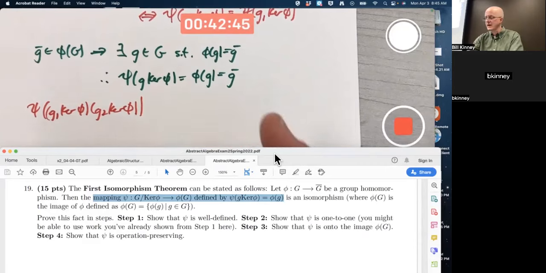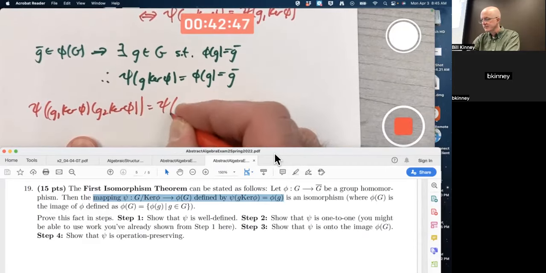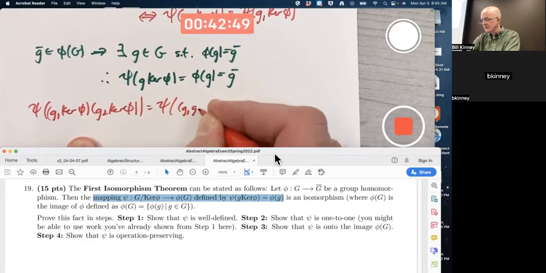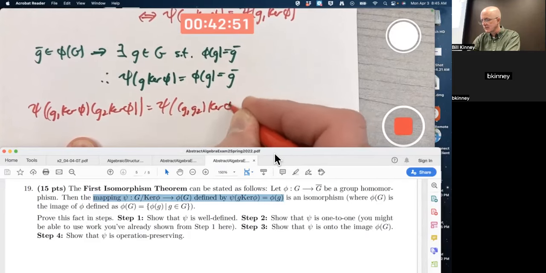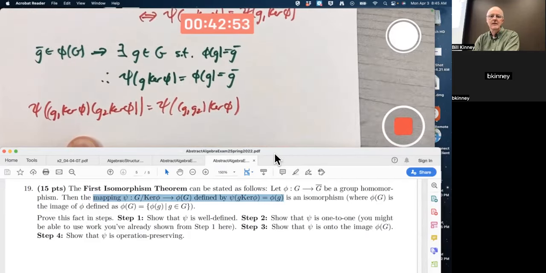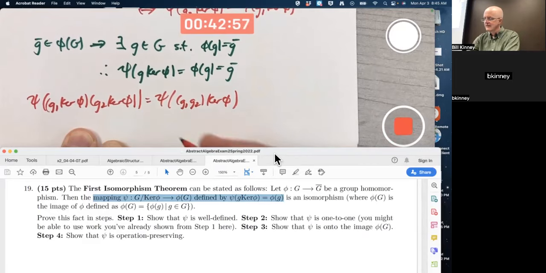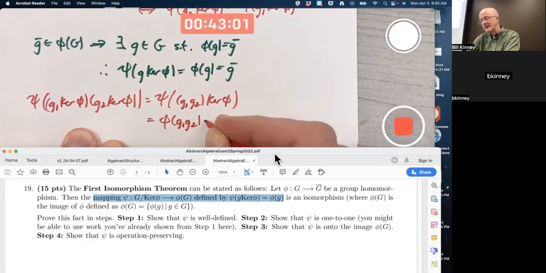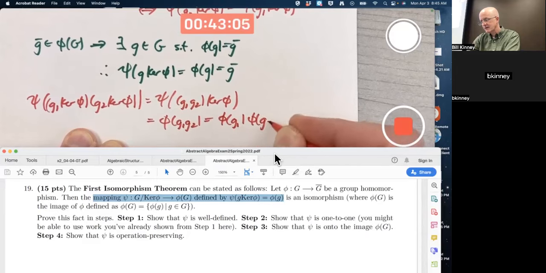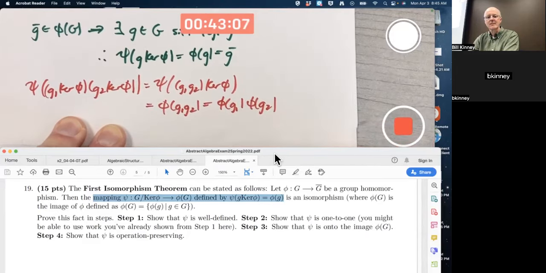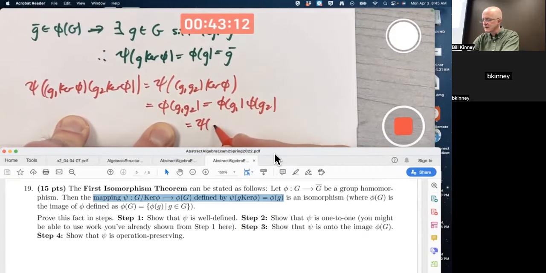By multiplying the representatives. Then use the formula for psi. That's phi of g1 times g2. Then use the fact that phi is operation preserving. Right? That's got to be relevant. We're done.